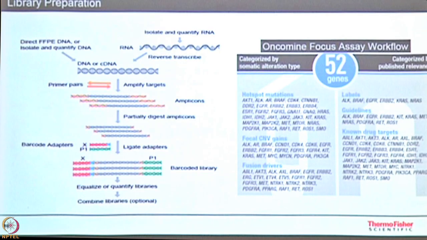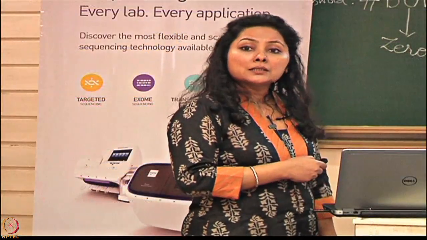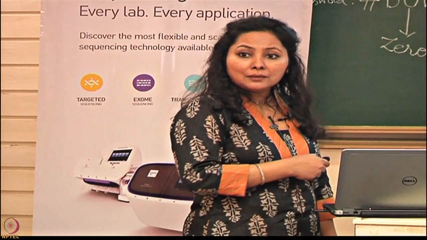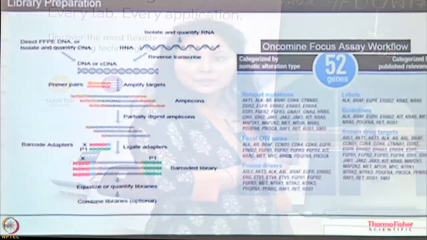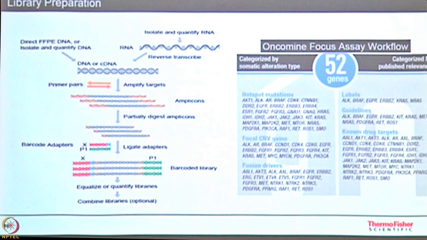So just coming into a few details on library preparation. Now how we go about library preparation is, since you are targeting variations at the DNA level as well as at the RNA level, you isolate DNA and RNA. Then you reverse transcribe this RNA. So now you have DNA or cDNA.